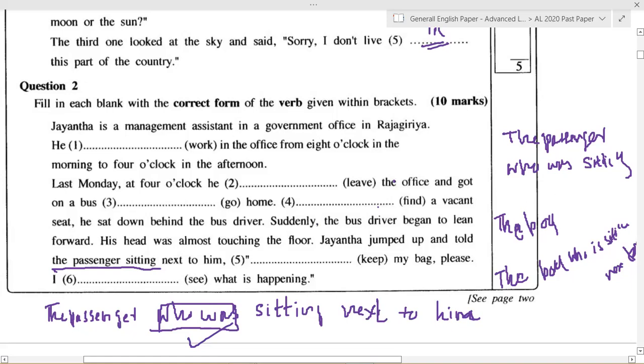Noun එක තමයි මේ the passenger කියන එක, මේ passenger කියන නාම පදය අපි expand කරලා තියෙනවා, විස්තර කරලා තියෙනවා who කියන relative pronoun එක පාවිච්චි කරලා. හරි? ඒ නාමය අපිට මෙන්න මේ who සහ be ක්‍රියාපදය omit කරන්න පුළුවන්.